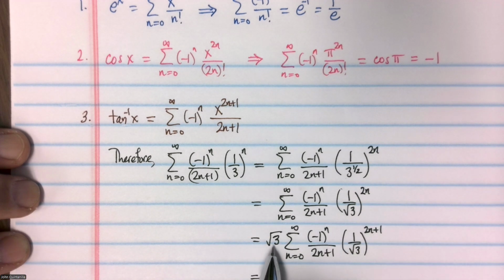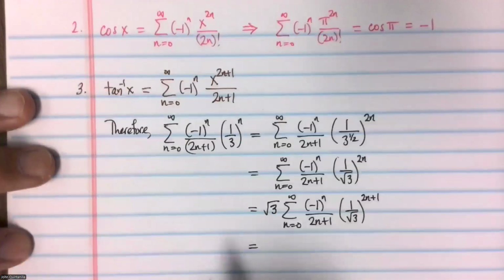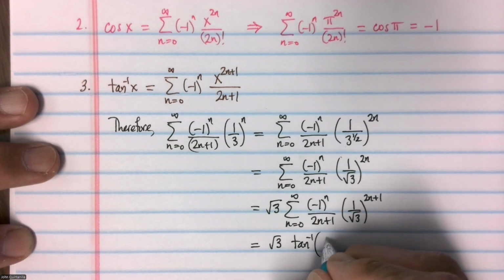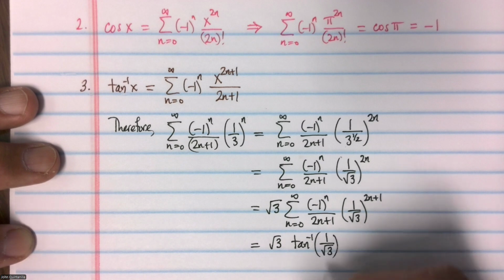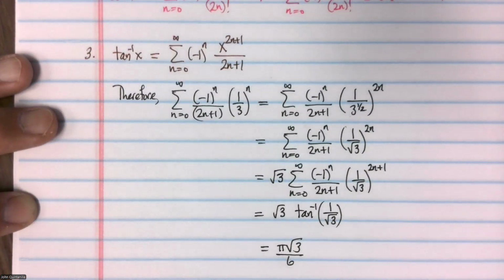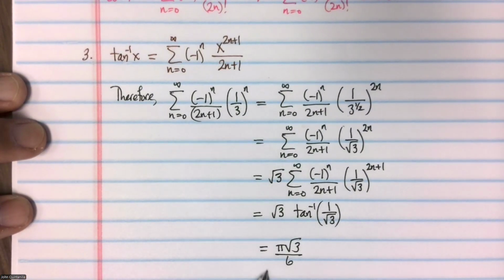Now this exactly matches the arctangent formula. So I have square root of 3 times the arctangent of 1 over the square root of 3. And the arctangent of 1 over square root of 3 is pi over 6. And so this sum works out to be pi times the square root of 3 all over 6.